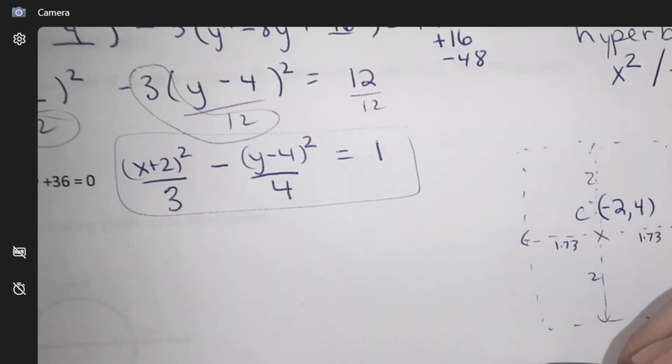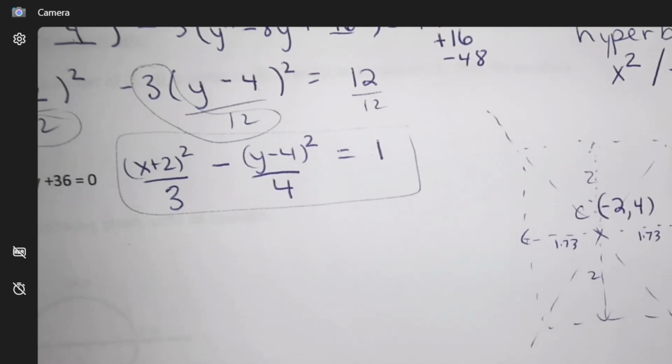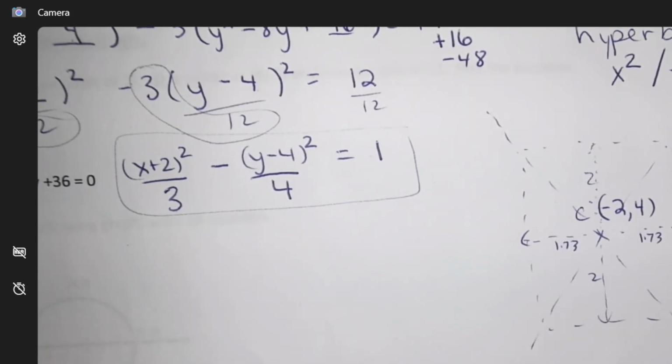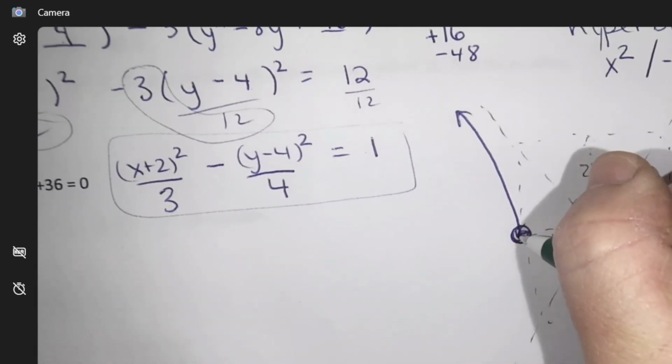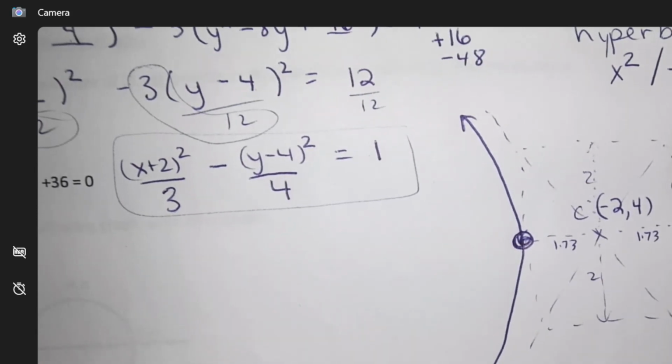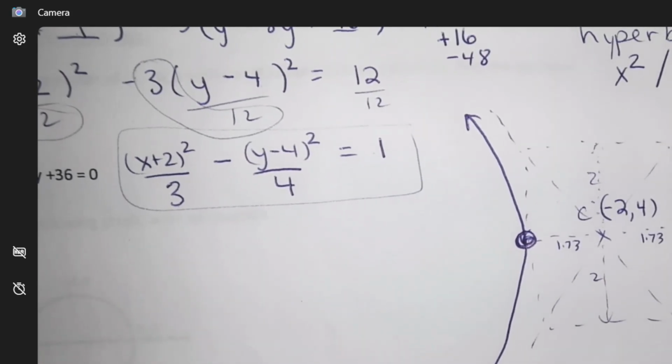And then draw a diagonal asymptote, and we said before it was a horizontal, so you have to open up horizontally. So this is a vertex. So that's the general idea of that one.